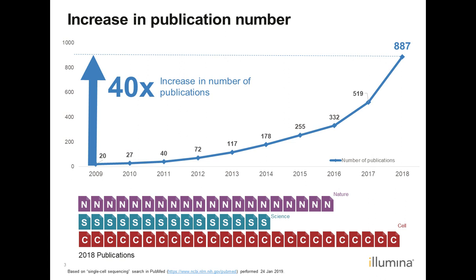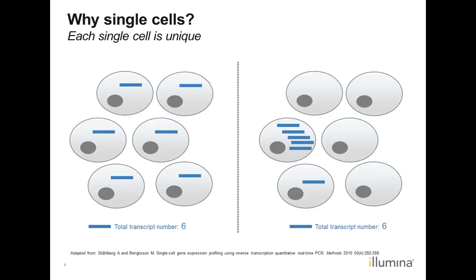Taking a closer look at the 2018 single-cell sequencing publications in high-impact journals, we will see that there were 20 in Nature, 15 published in Science, and 25 in Cell, adding up to a total of 60 articles, and that meaning that there was more than one published per week. So as you can see, single cell is increasingly being applied, and it's impacting multiple areas, like cancer research, immunology, stem cells, and development, as some examples.